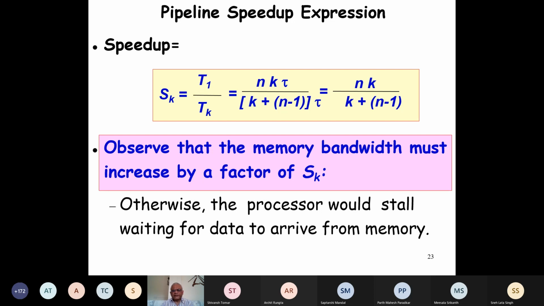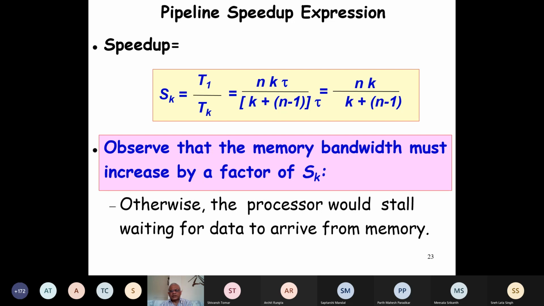But one thing is left unsaid: if we improve the execution speed 20 times, then the data must be supplied. The instructions and data must be supplied to the processor 20 times faster. The instructions have to be fetched because it is computing in 1/20th of the time it used to take earlier.